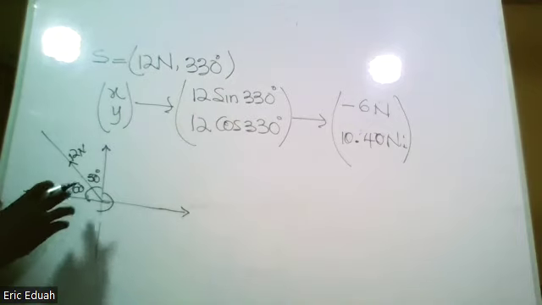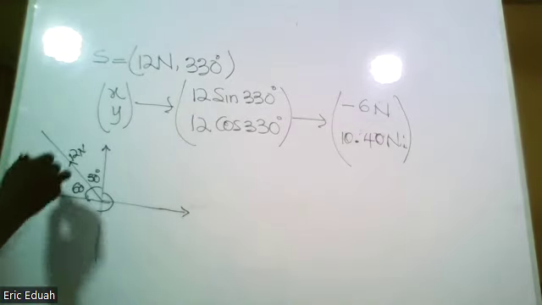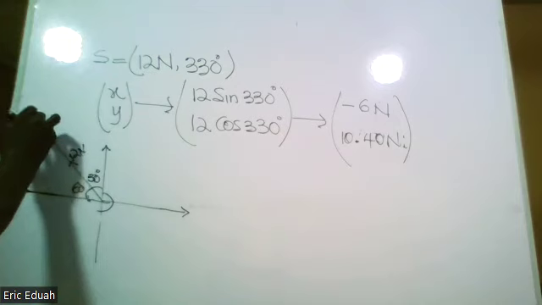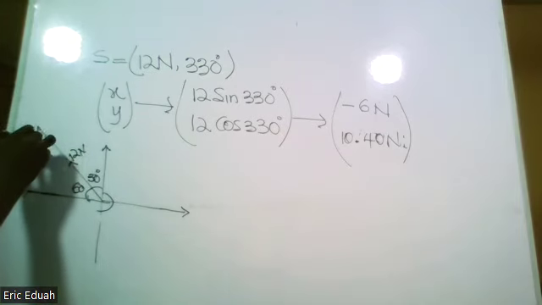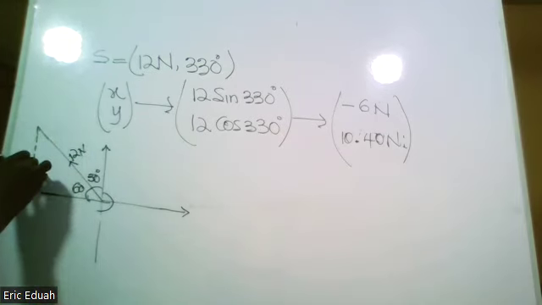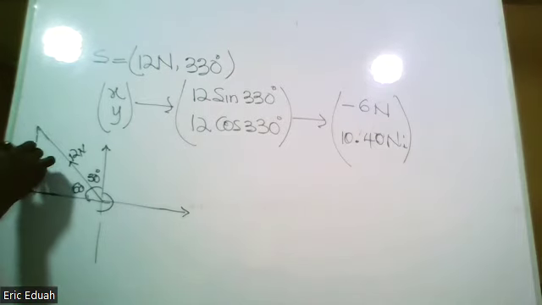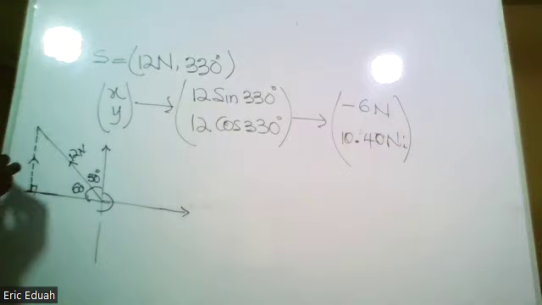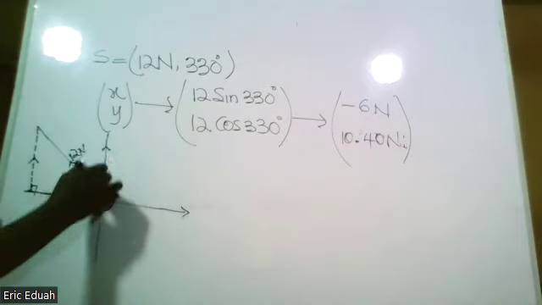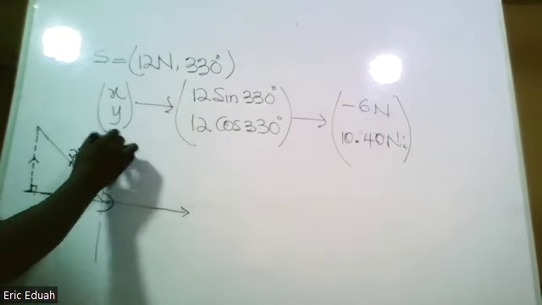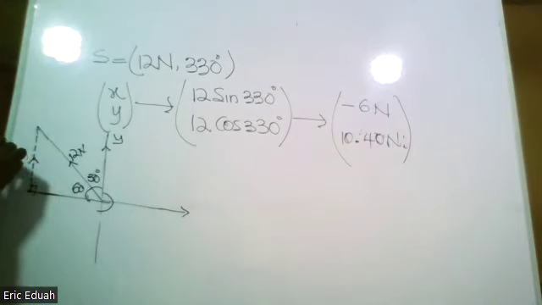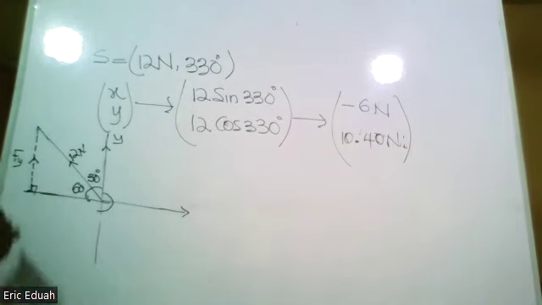So if you use 60, this side becomes the opposite side to the angle. And this, because it's along the y-axis, becomes Fy.